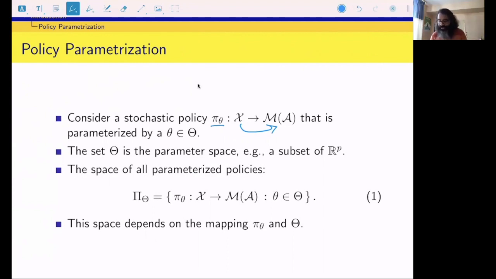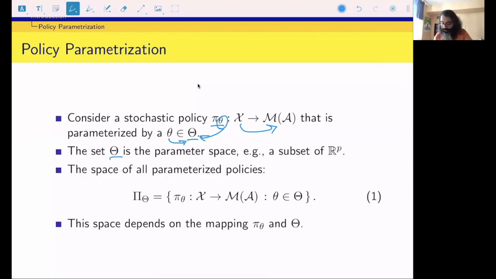And for each x, we have, of course, possibly different distributions. And this policy is parameterized by theta, which belongs to this space of capital Theta. So this would be a parameter space.